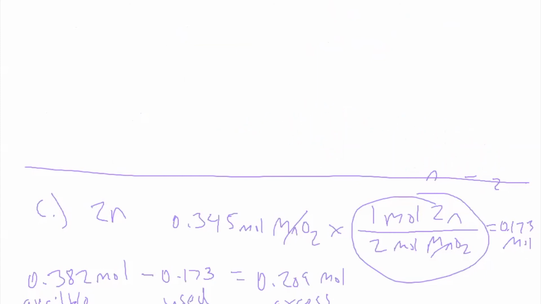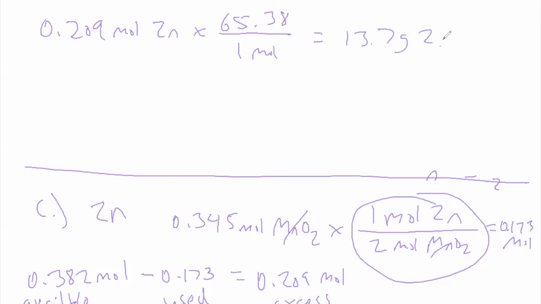So now at this point, we can convert from moles to mass. So if we have 0.209 moles remaining or in excess, and that's of zinc, we'll multiply it by its molar mass to go from moles to grams, 65.38 grams per 1 mole. That gives you 13.7 grams of zinc.